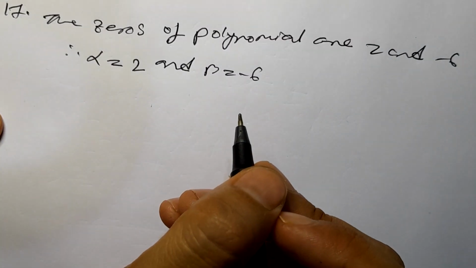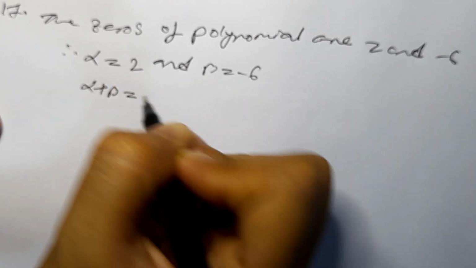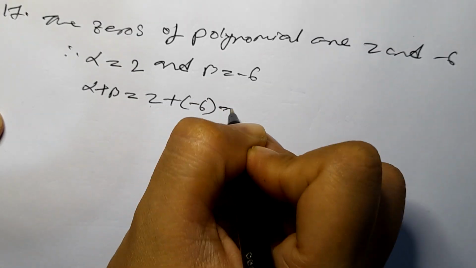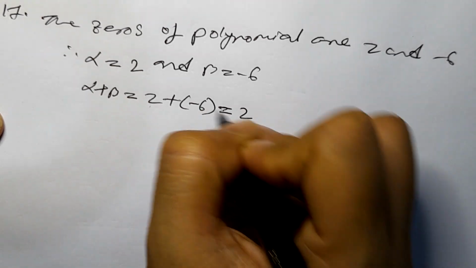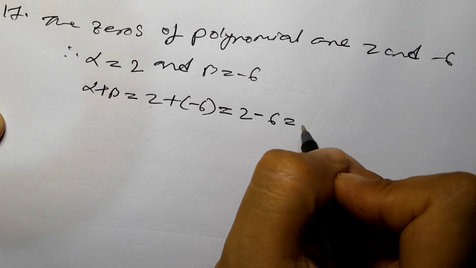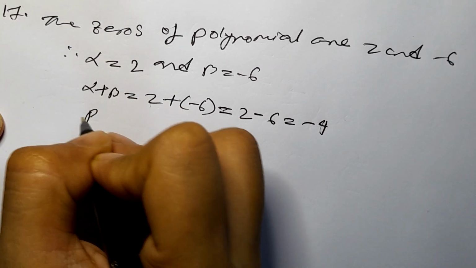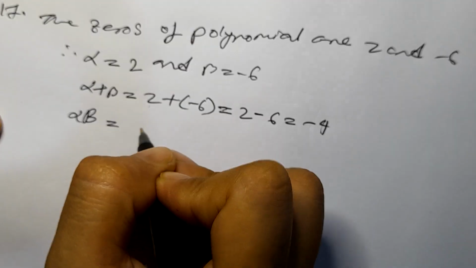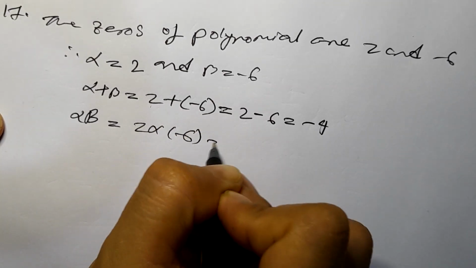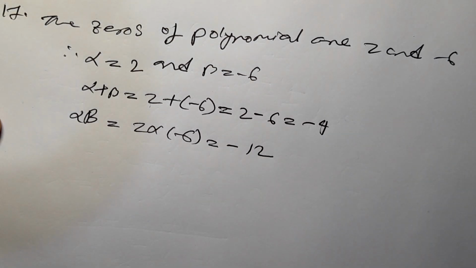Now we are going to find a quadratic polynomial. So I need the sum of zeros, that is alpha plus beta. So 2 plus minus 6, 2 plus into minus, minus 6, it will give minus 4. Now product, that is alpha beta. Alpha into beta. Alpha is 2, beta is minus 6. So plus into minus is minus, 6 2s are 12. We got the sum of zeros and we got the product of zeros.